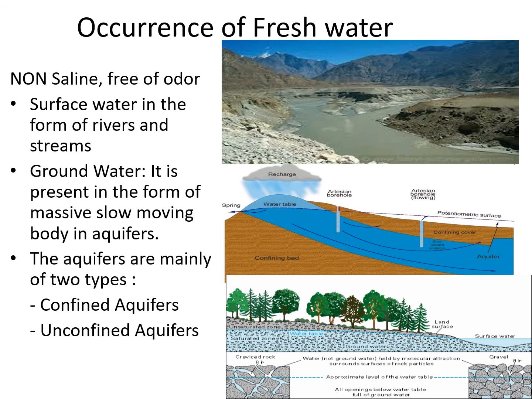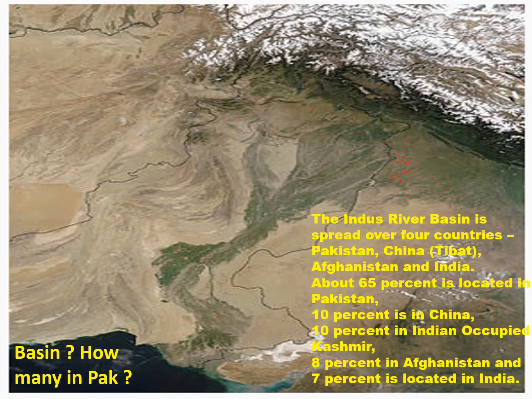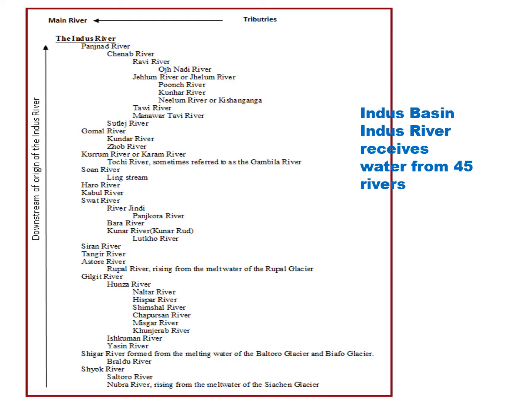So again, the occurrence of fresh water, where is it available? In surface water, in groundwaters. So these are the basins. We have the major Indus River basin, and in addition to this, we have some other basins as well. So this is something about the rivers. Please, it is again very valuable data.